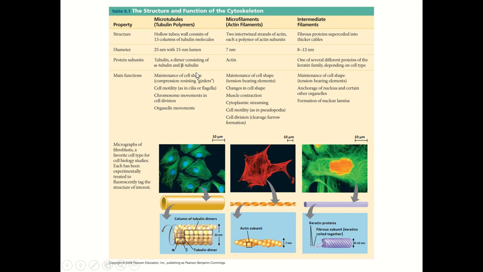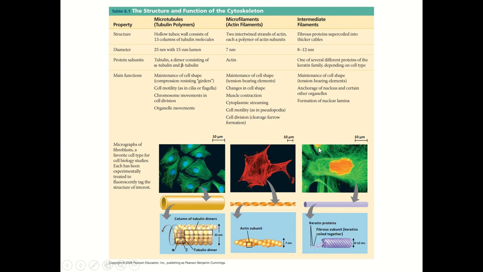Its main function is to maintain the cell shape, motility, chromosome movement, and also organelle movement. Next is microfilament. As you can see here, microfilament diameter is about 7 nanometers, and it is made up of actin subunits, and its function is also to maintain the cell shape, changes in cell shape, muscle contraction, cytoplasmic streaming, cell motility, and cell division.